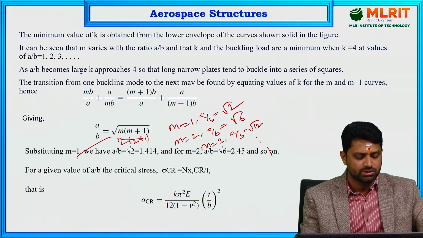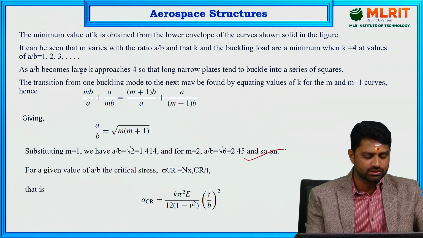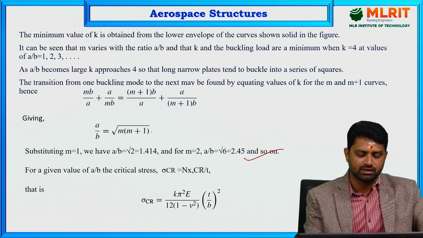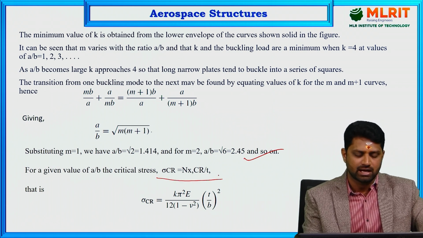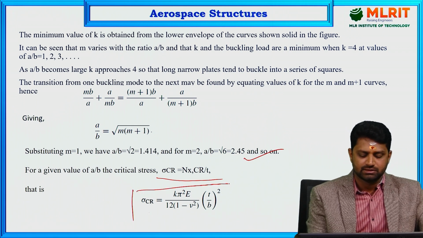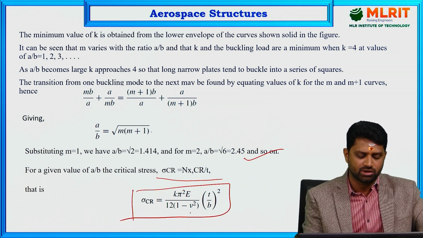Okay, so now you have these values, and finally if you want to calculate the critical stress, you can write the critical stress as Nx critical by thickness, that is given by K pi square E divided by 12 into (1 minus nu square) into (T by B) whole square.